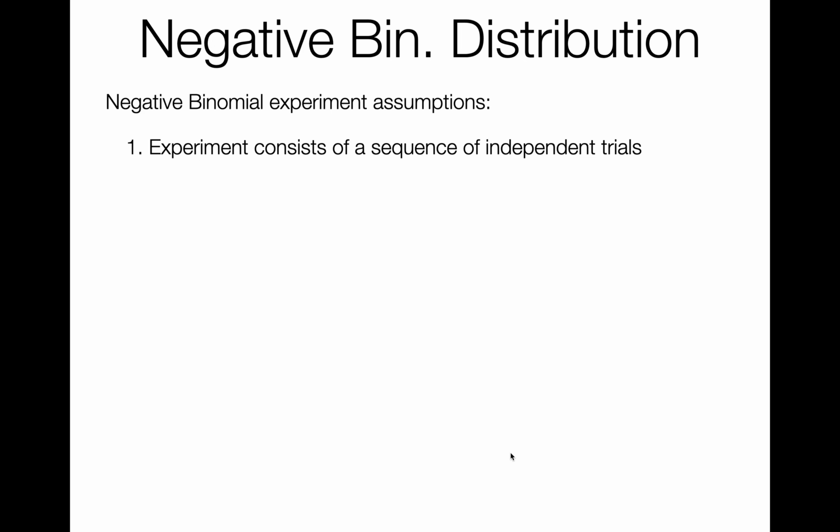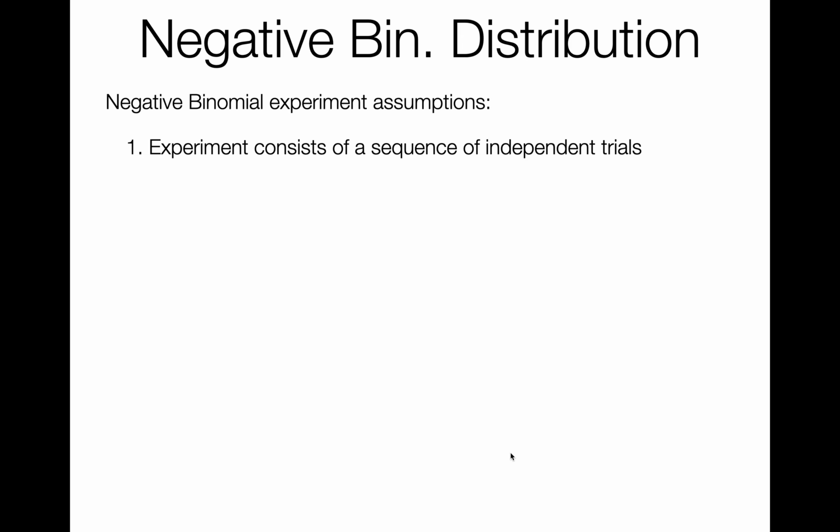Again, what I said before about the negative binomial was that instead of counting the number of successes in n trials like the binomial distribution, the negative binomial is counting the number of failures until I get to a certain number of successes. Okay, so maybe like how long is it going to take me, how many trials is it going to take me, or how many failures, until I get to the fifth success.